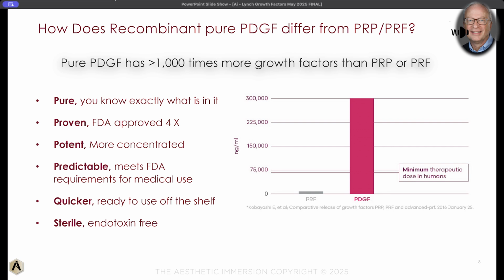And the dose that we have settled on for all of our pure PDGF containing products is 300 micrograms per mil, which it turns out is somewhere between 1,000 and 300,000 times the concentration of PDGF that you can get in PRP and PRF. Wow. So it's way, way, way more concentrated than you can get in PRP and PRF.